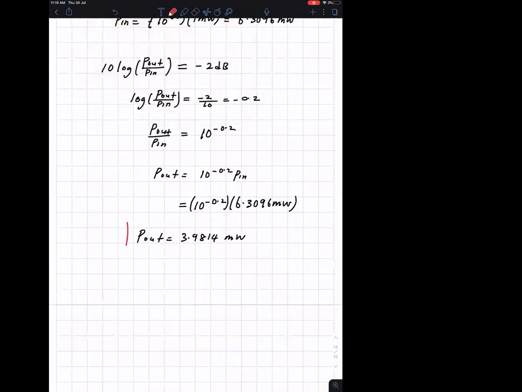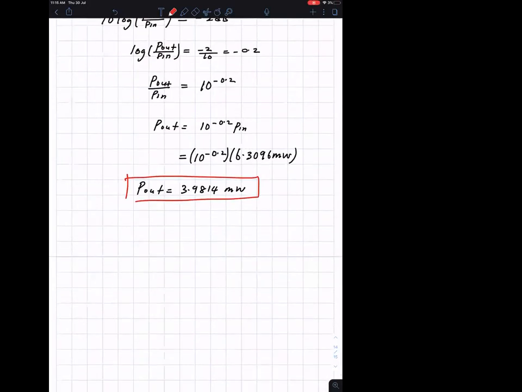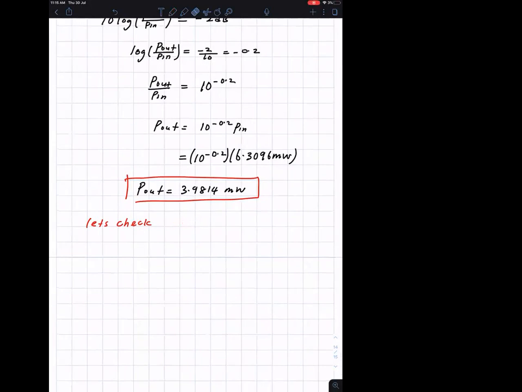This is a long way of doing it. If you don't believe me, you can always check. Let's check. P out over P in, 10 log of, this is power, right? So 10 log of P out divided by P in.